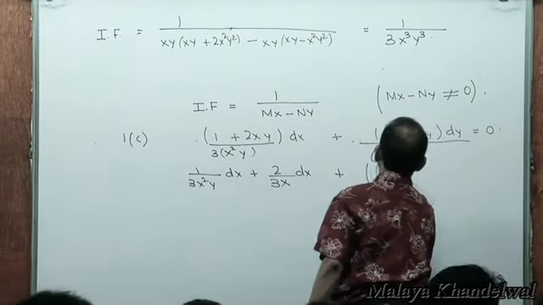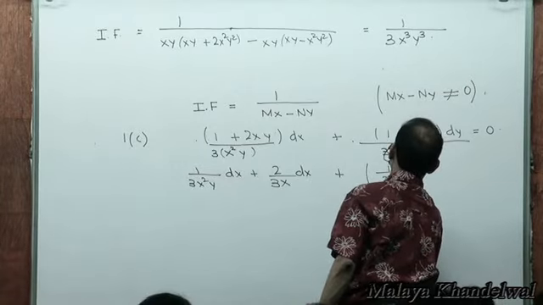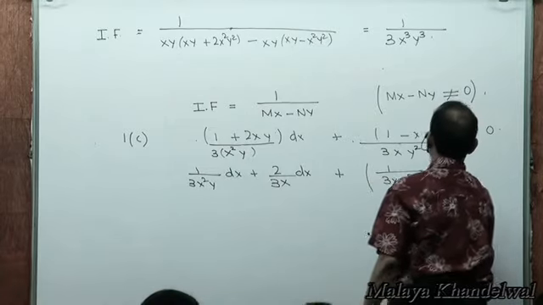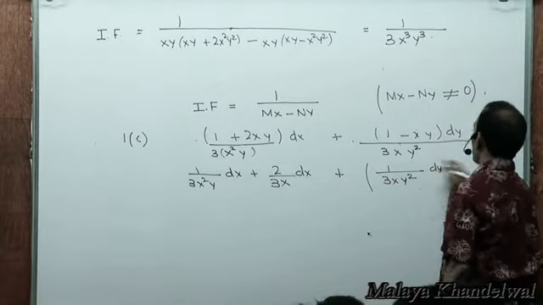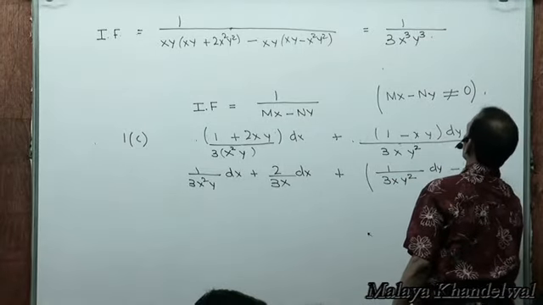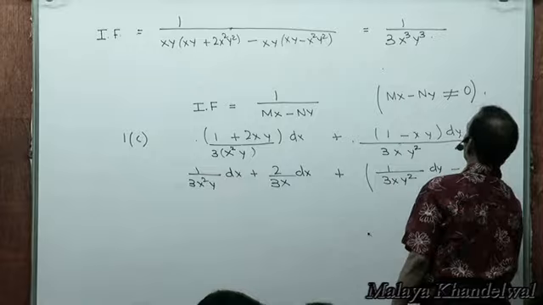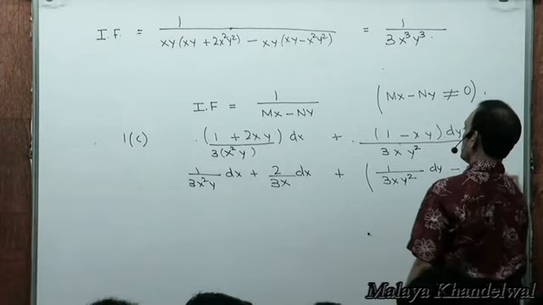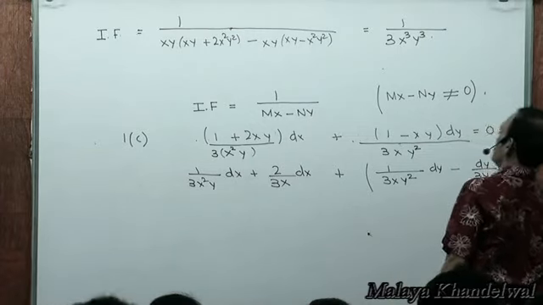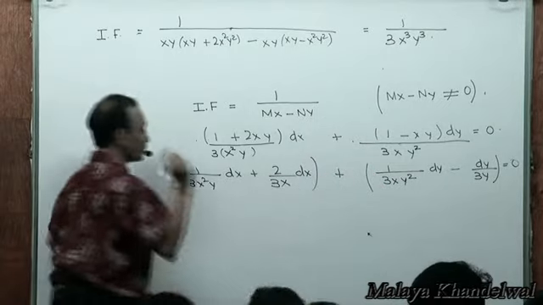And see what happens. 1 by 3y, 1 by minus dy by 3y, right? That's equal to 0. Yes or no?